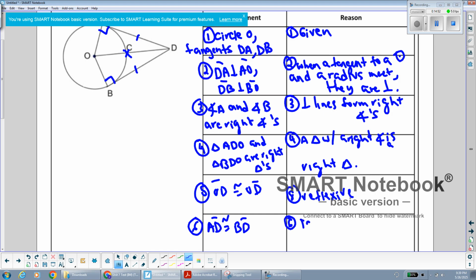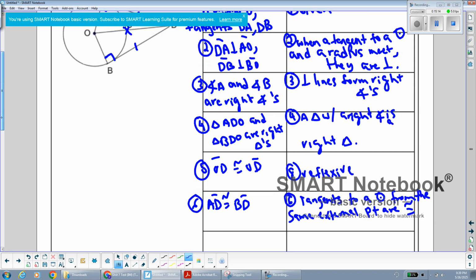And that is because tangents to a circle from the same external point are congruent. Two tangents to the same circle from the same outside point are congruent.